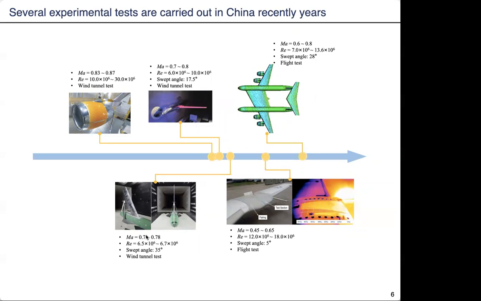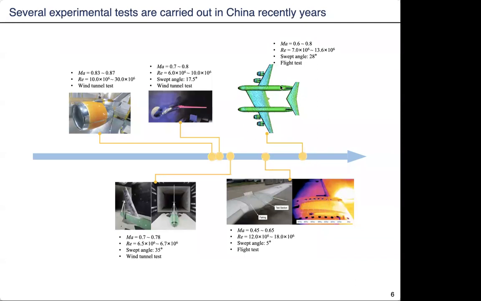This one is a transonic wind tunnel test. This configuration has a large sweep angle of 35 degrees, and this wind tunnel test is designed to study both the natural laminar flow and the hybrid laminar flow. This is a wing glove flight test. It corresponds to a moderate or high Reynolds number.